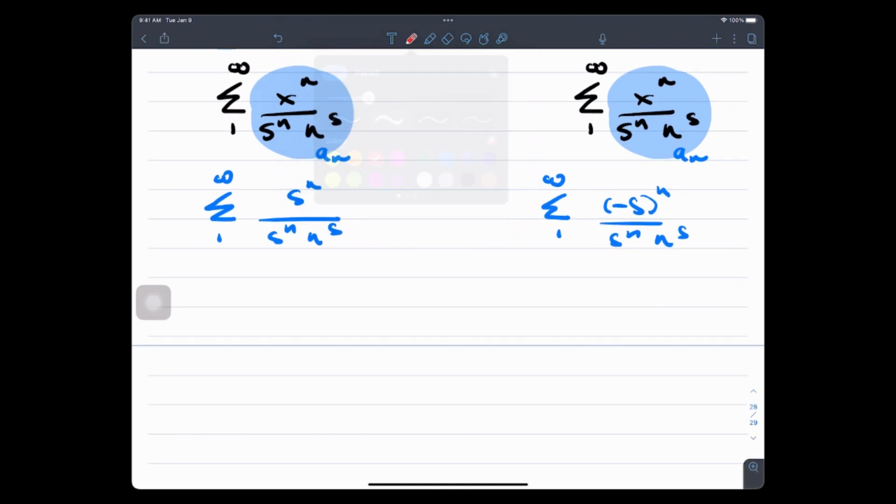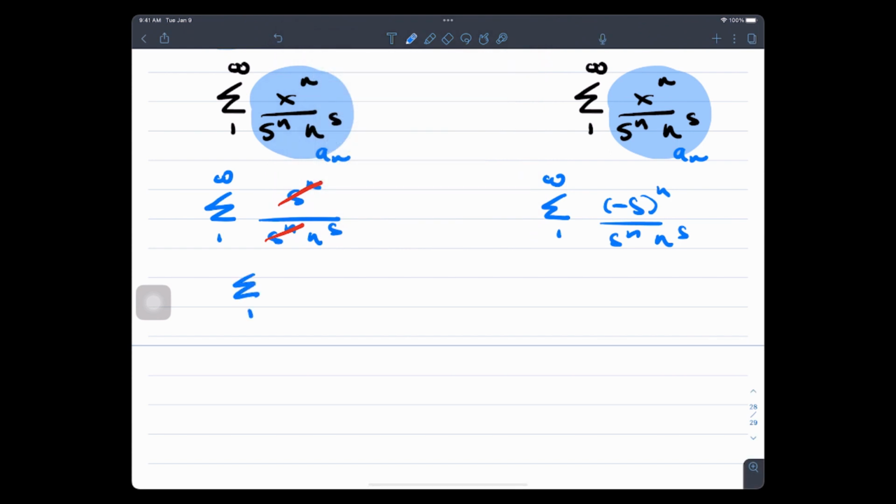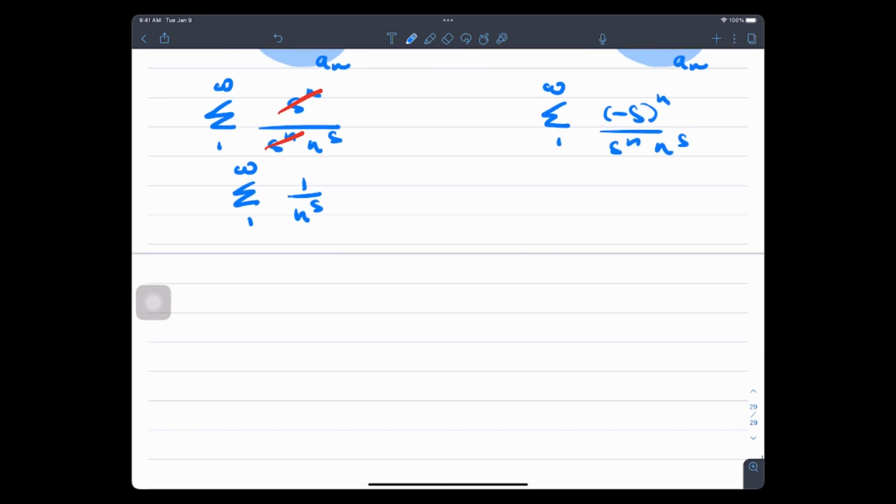So again, just using algebra, what do you end up with? You have to know, what is this? What is that going to be? Well, what kind of p-series? It's a convergent p-series. So we know this thing converges. It's a convergent p-series.